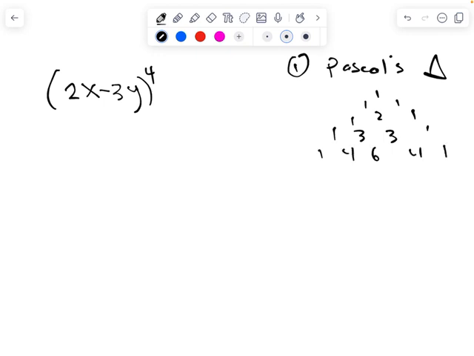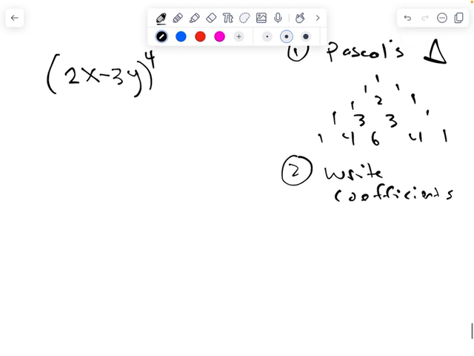We're going to write the coefficients, and we're going to give ourselves plenty of space here. So we're going to really space this out here. We're going to write 1, 4, 6, 4, 1.